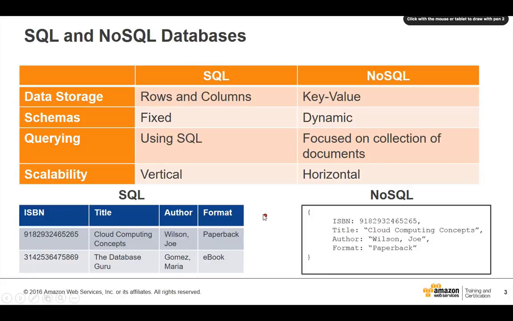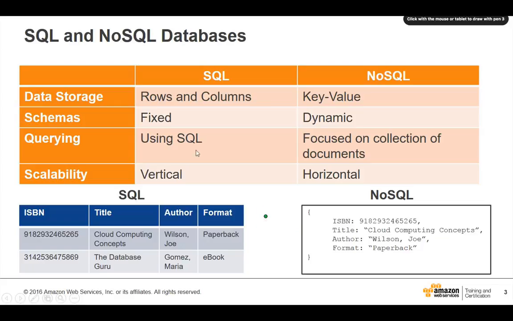You might have another table that says orders for Joe Wilson, the people who have ordered his book, and you would join the two together and have very structured data. That's what it's really referring to when you talk about schema. We have a fixed schema where everything has its place and you have all these relations in place.